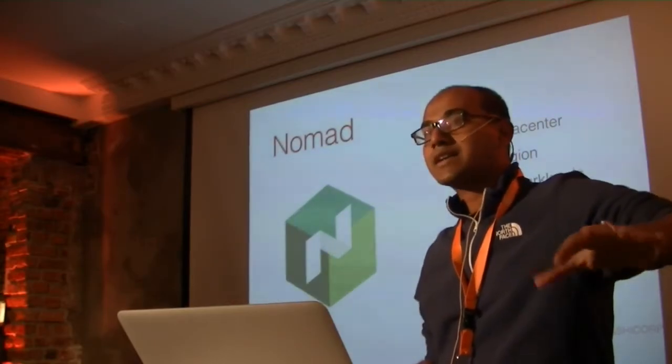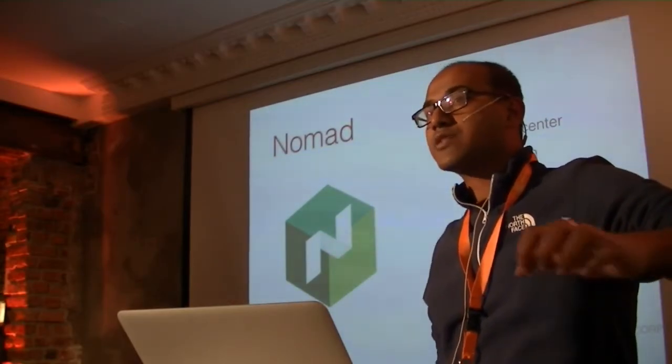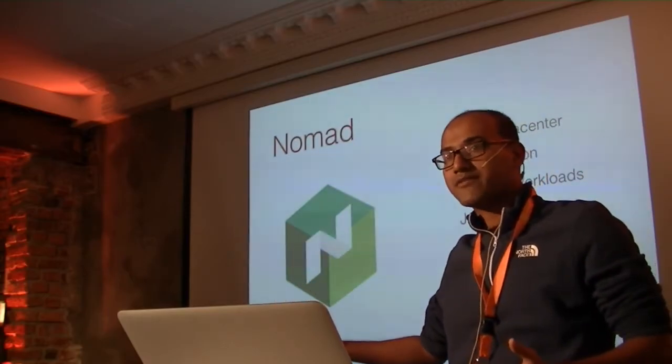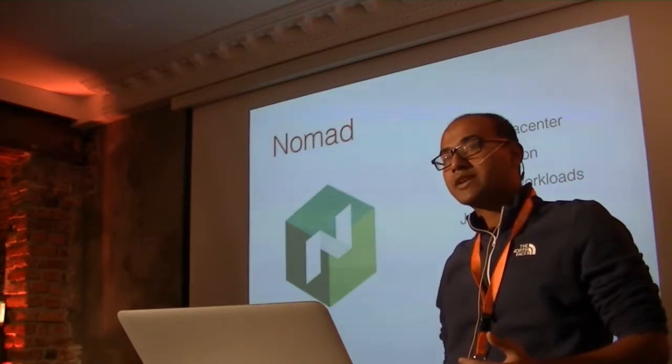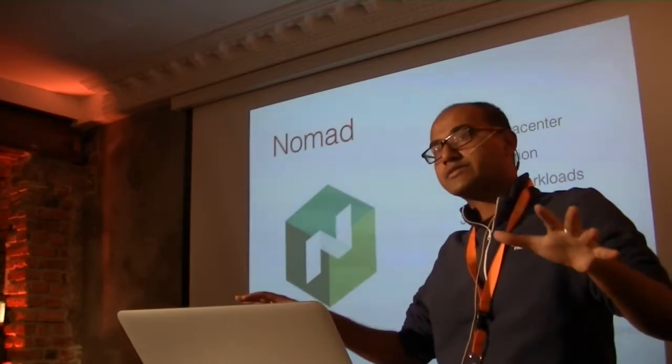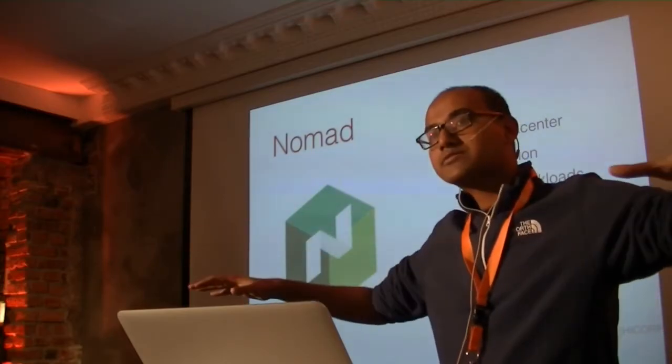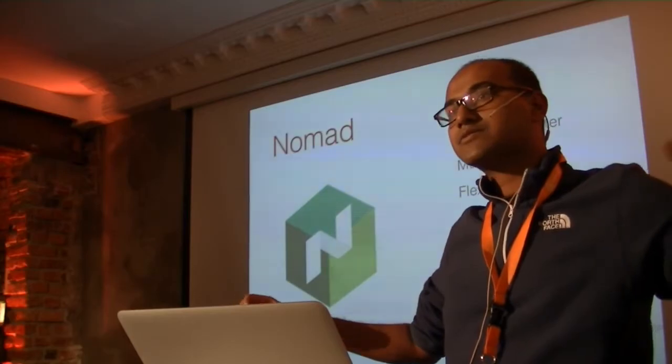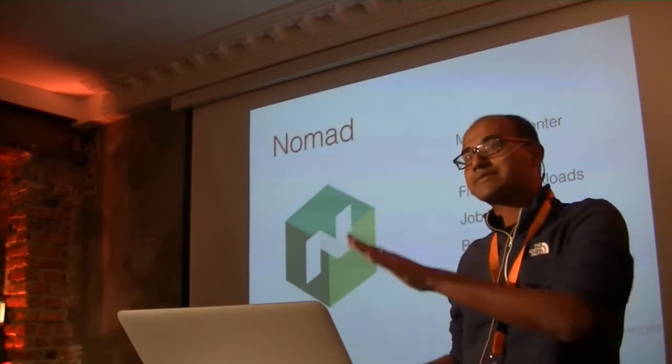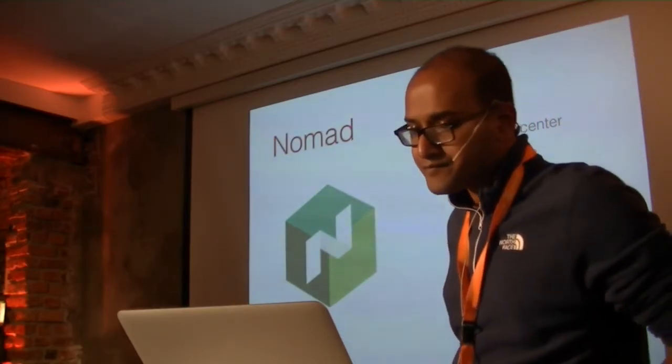It doesn't mean that if a single data center goes down, the other data centers are going to be affected. With Nomad, you can evenly distribute the servers, which keep track of the resources, across multiple data centers, so that when one data center goes down, it doesn't affect the other data centers.